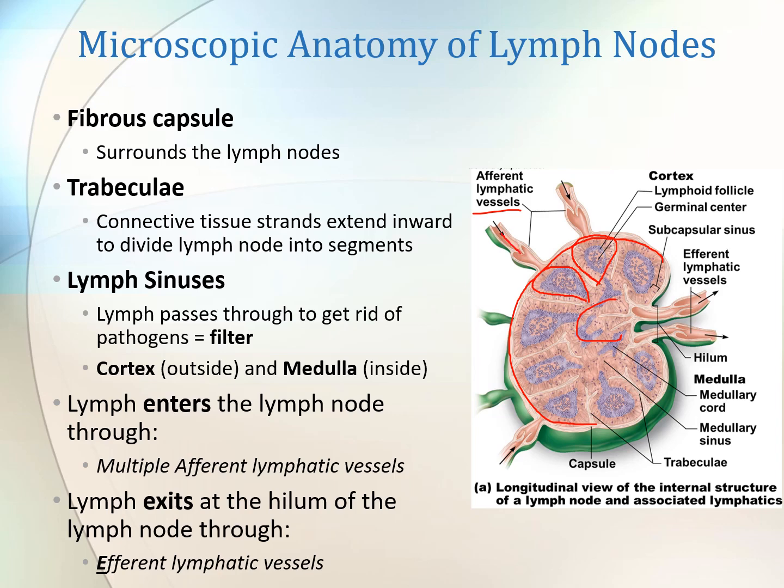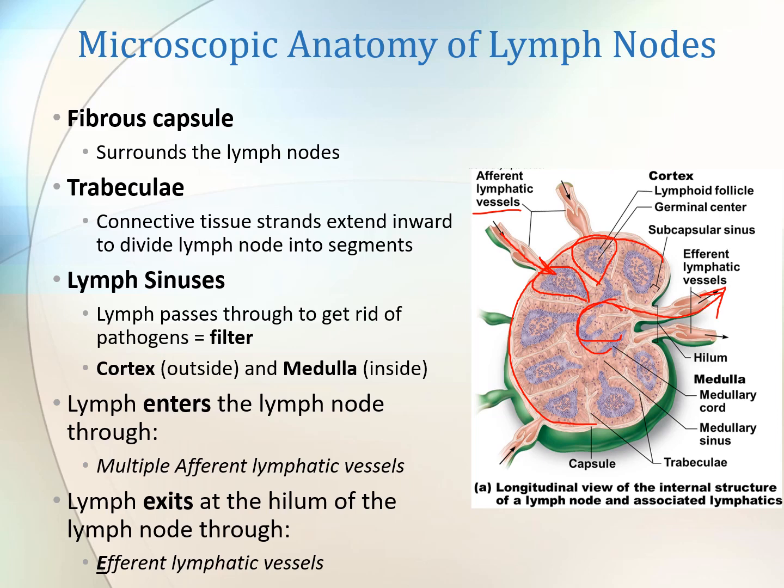So the lymph comes in, and anything that might be pathogenic is going to be picked up by those lymphocytes and destroyed. And then if it doesn't hit it in the cortex, it might hit it in the medulla before it exits out one of these efferent vessels.